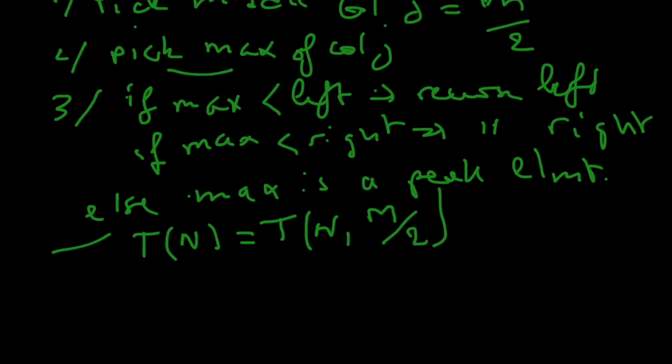This is the rule that says the runtime of an algorithm that uses divide and conquer is equal to the runtime of the reduced problem plus the time that it took to reduce the problem. The time that it took to reduce the problem here is just O of n, because it's the time it took to find the max element in this step, by going through the entire column, which is the number of rows, so it's O of n.